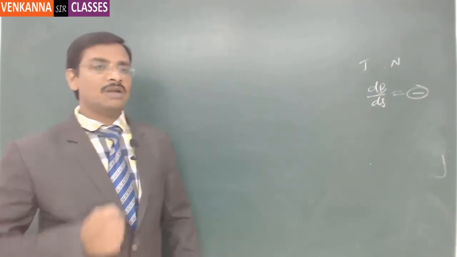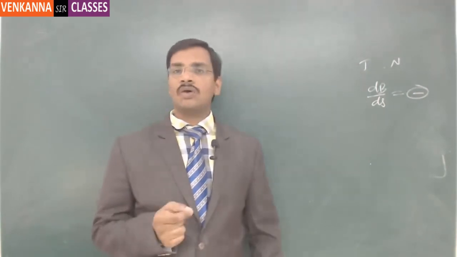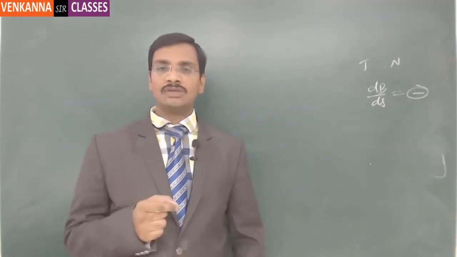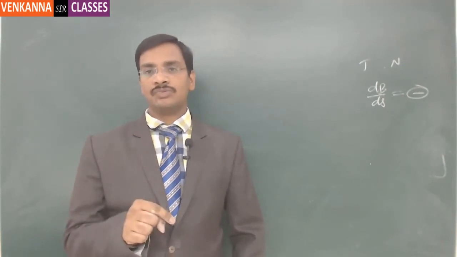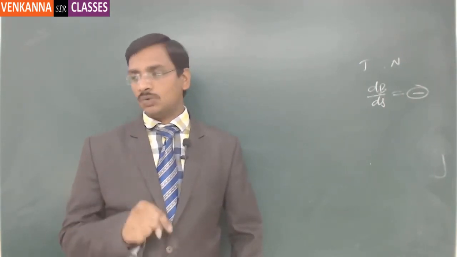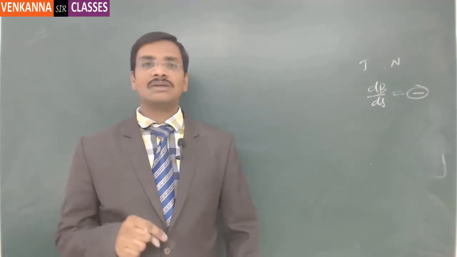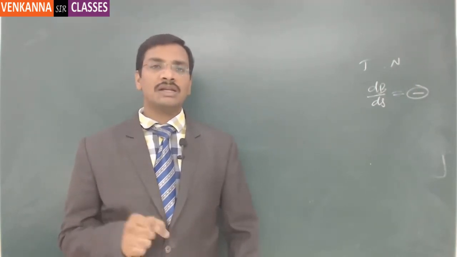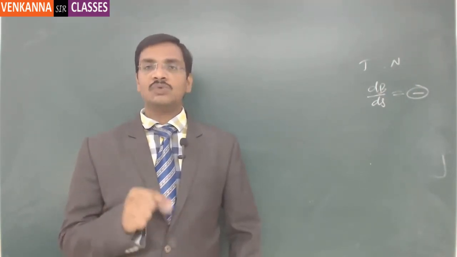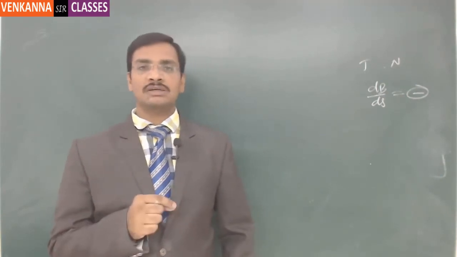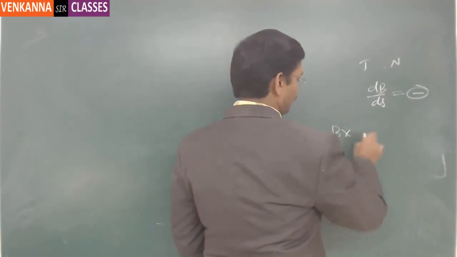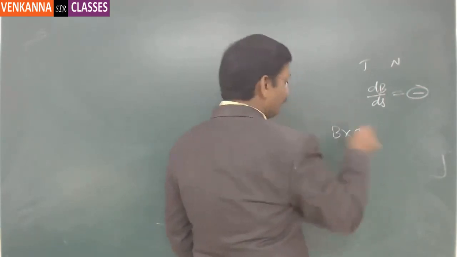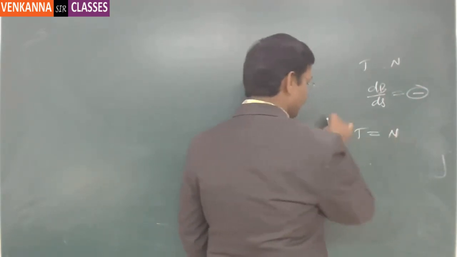Here the fundamental assumption is that we have got a vector. The vector n is decided based on the cross product, not just because of a rule, correct or not? It is just based on the cross product. Cross product can lead to a direction which is perpendicular to both the vectors, that is b cross n vector, sorry, b cross t vector. So b cross t vector is nothing but the n vector, right?